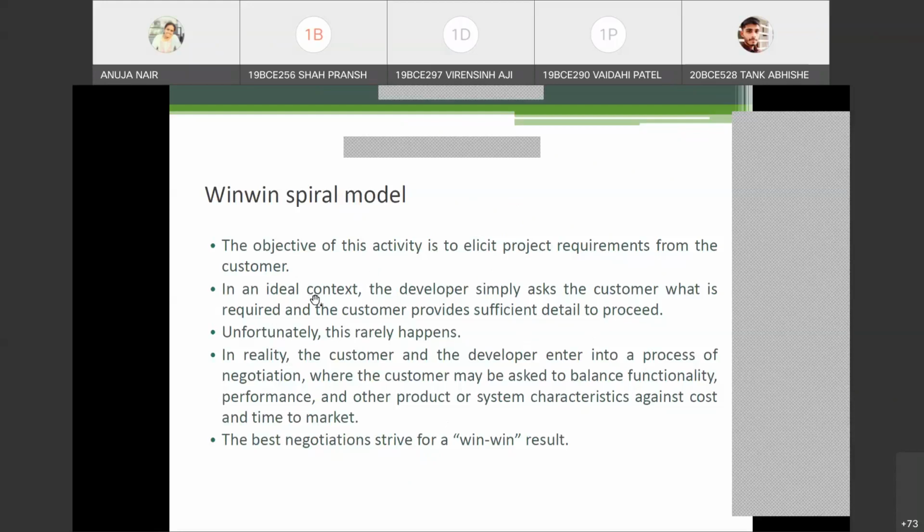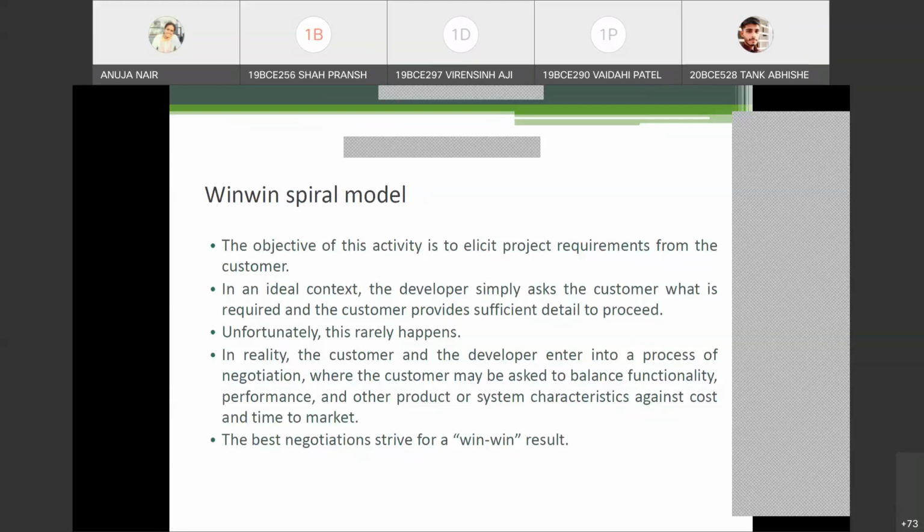So in an ideal context, the developer simply asks the customer what is required, and the customer provides sufficient details to proceed. Okay? So what you are doing is basically negotiating. A customer and developer enter a process of negotiation in order to balance the functionalities. Sometimes a customer says that I want this XYZ functionality.